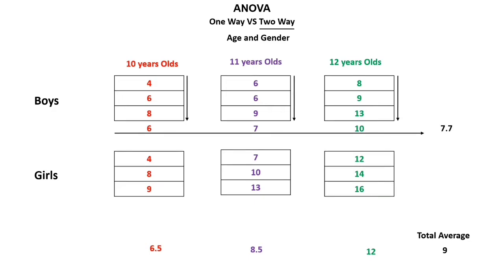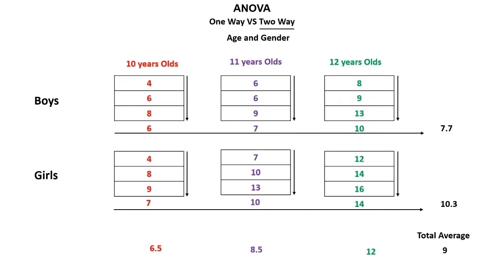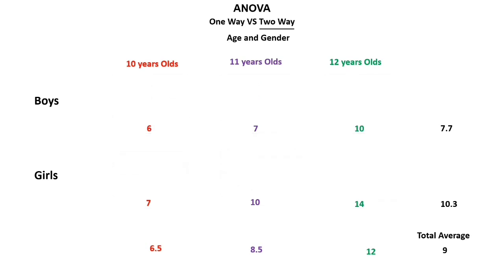7.7. Now let's do the same exact thing for the girls. Get the average for each age group. Then, the total average for all the girls, which is 10.3. Now let us put it all back into a single table and call it the mean table.